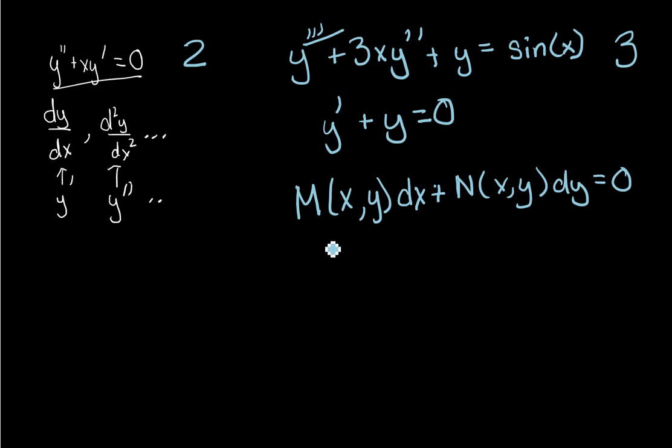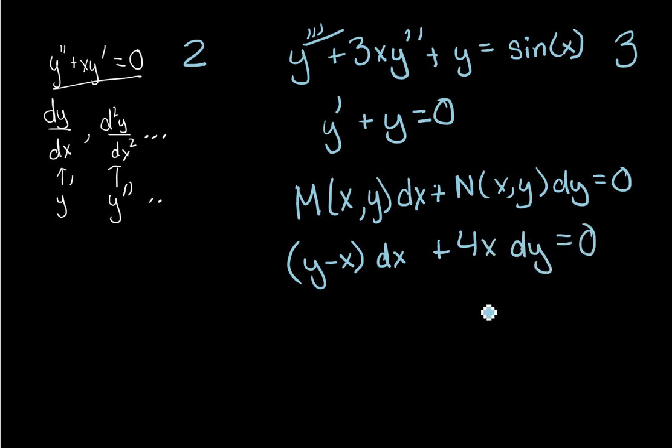An example of this would be y minus x dx plus 4x dy equals 0. In normal form, we can also write first order differential equations as dy over dx equals f of x comma y.